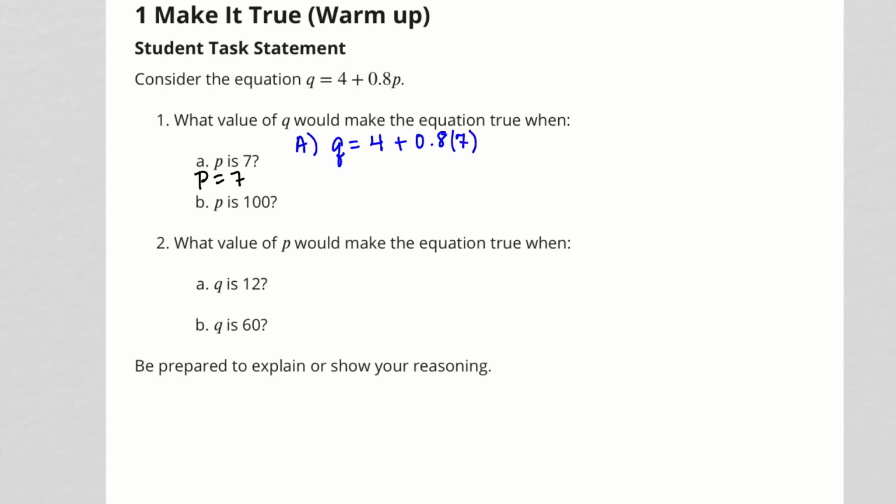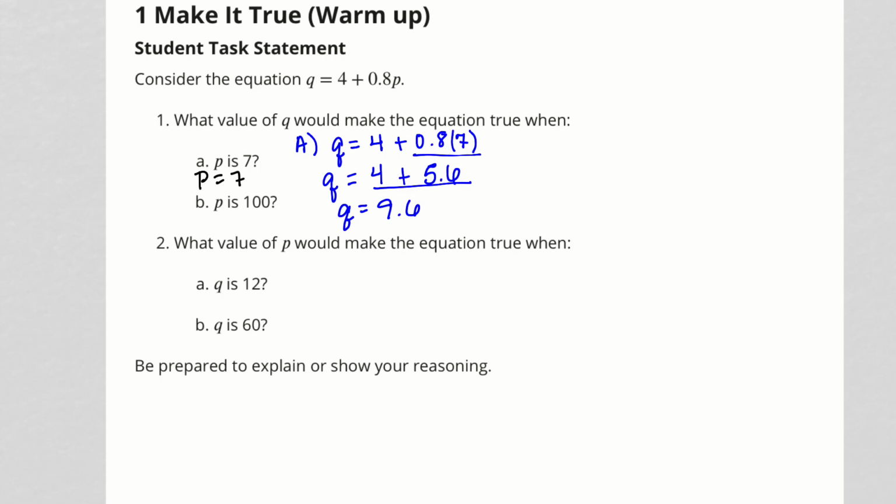The first thing we're going to do is 0.8 times 7, which is going to be 5.6. Drop everything else down. Then we add these two together and we get Q equals 9.6. Okay, so that's A.